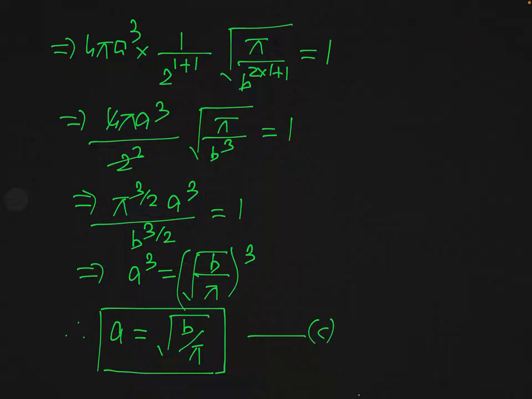So now let us try to find the constant b. How can we find the constant b? In elementary kinetic theory of plus 2 level, you have studied the RMS speed or the most probable speed. So using the idea of the mean square speed or root mean square speed, we will be able to find the constant b.